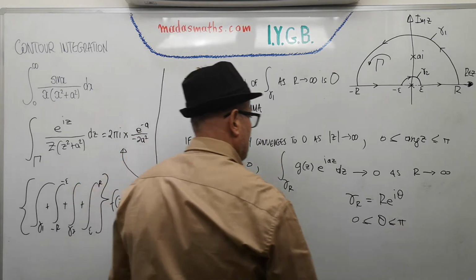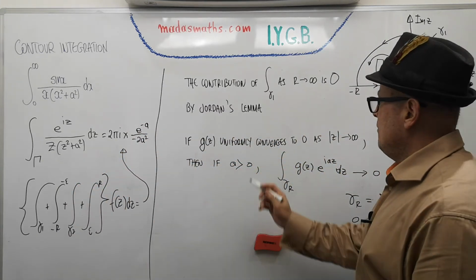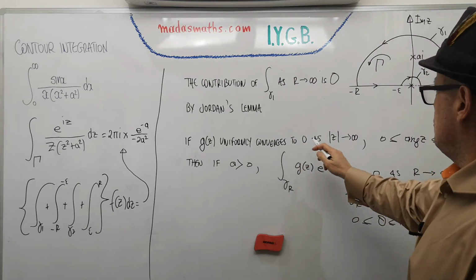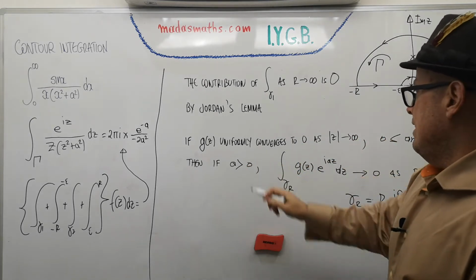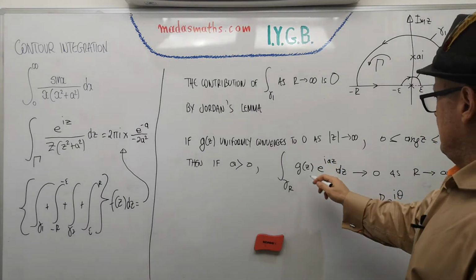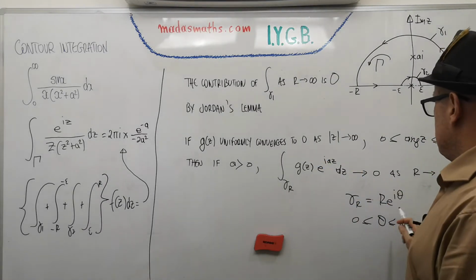So if you look at, I hope I've written it sensibly, it makes sense. If g of z uniformly converges to 0 as mod z tends to infinity for argument 0 to pi, then if a is bigger than 0, then this particular integral goes to 0 as R tends to infinity.